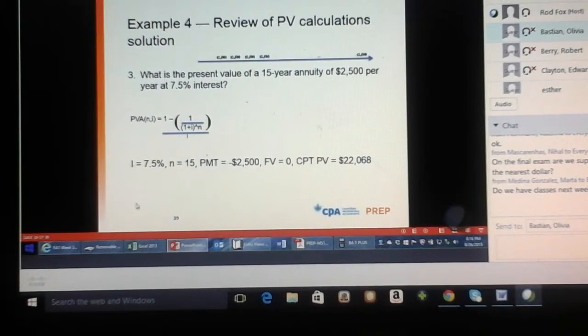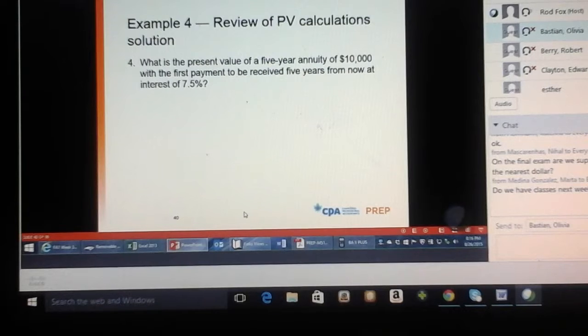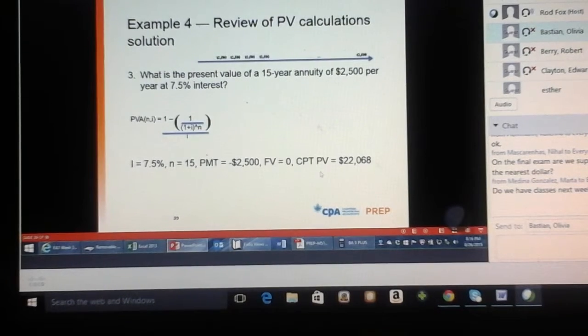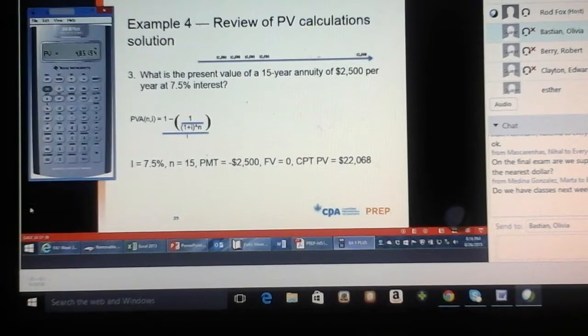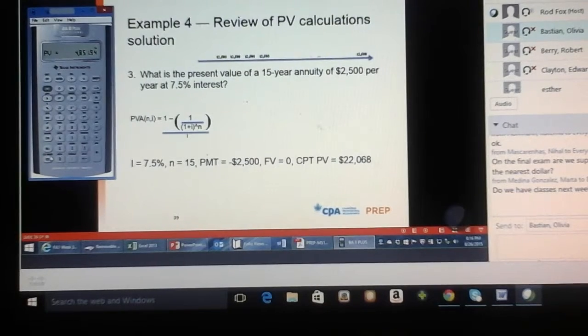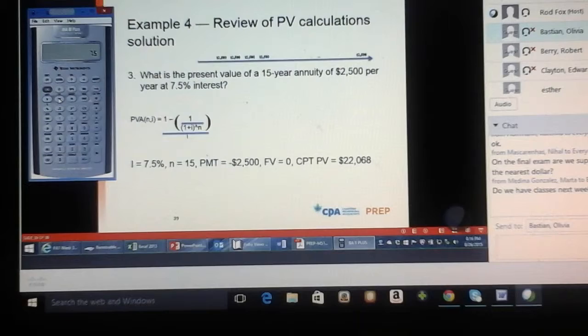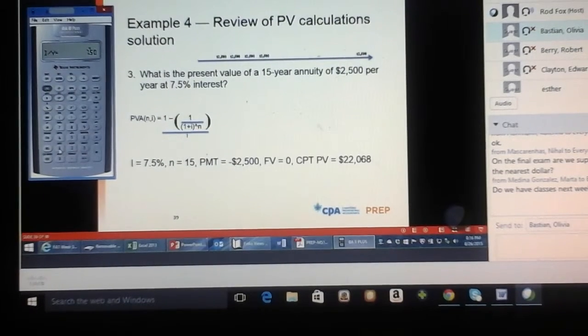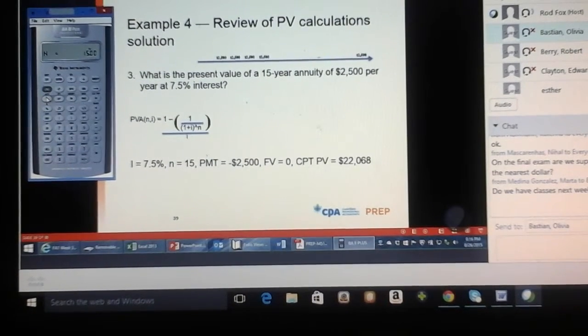Okay. I do remember when I was a student, we actually had to calculate the present value of an annuity. Good thing we can just use our financial calculator. So the way that I would set this up is we're still going to have the 7.5 IY, and the number of years, it's a 15-year annuity.